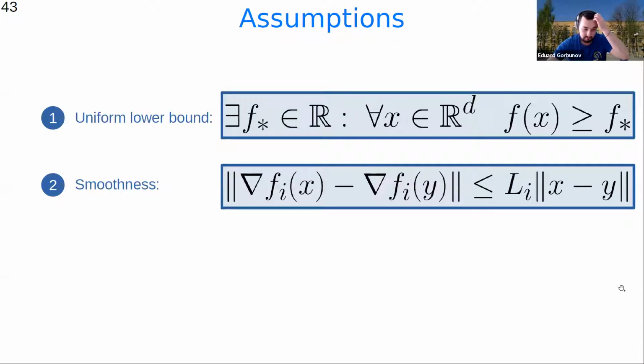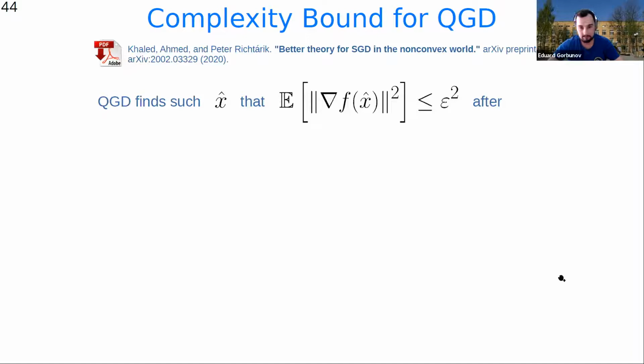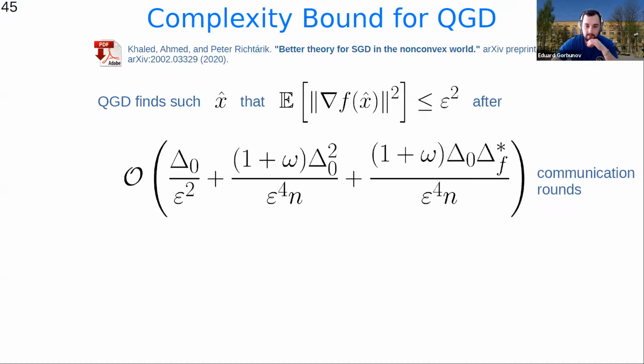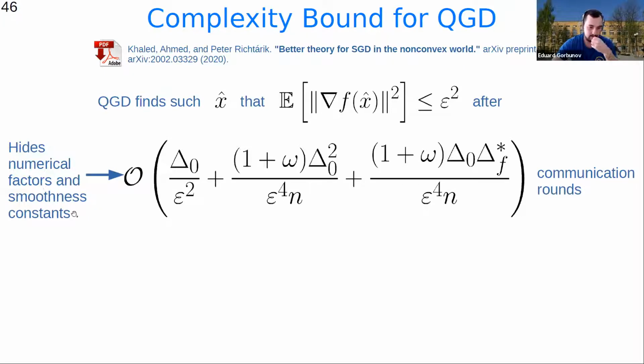Okay, I think I can consider the next slide and show you the complexity bound for quantized gradient descent. To achieve an epsilon-stationary point, quantized gradient descent needs the following number of communication rounds. Here, capital O hides not only numerical factors, but also the smoothness constants of the problem.